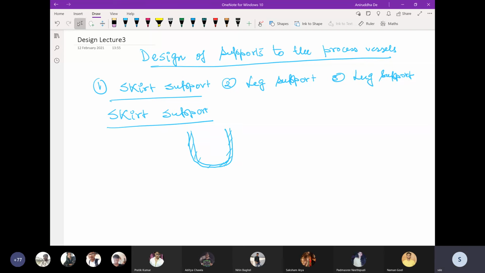This is the process vessel, and this is the skirt. It's not basically two legs, it's basically a cylindrical skirt.